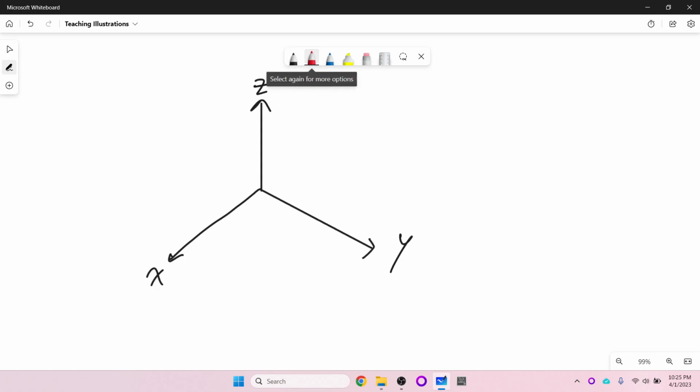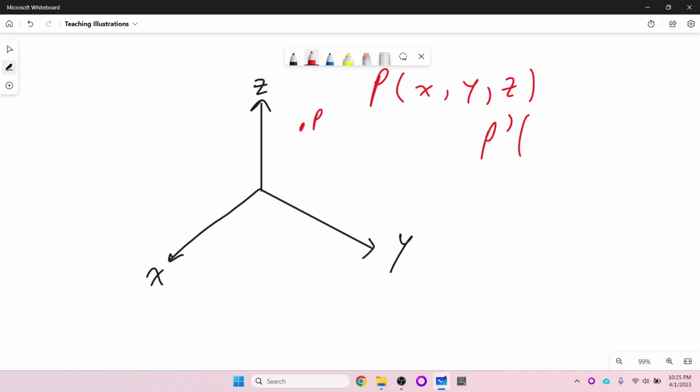Okay, so I'm going to try to go from X, Y, Z and figure out what the new points are. So let's call that P. So here's a point, P equals X, Y, Z. And now I'm going to say P prime will be X, Y, and 0.